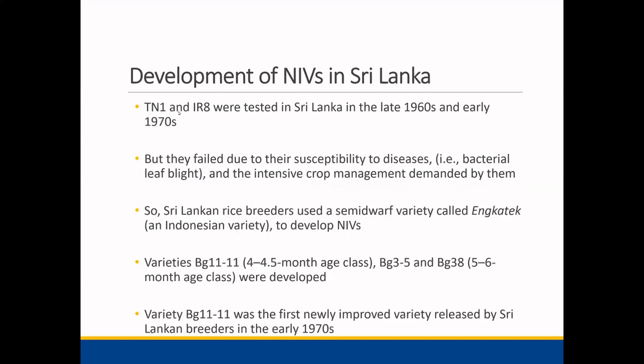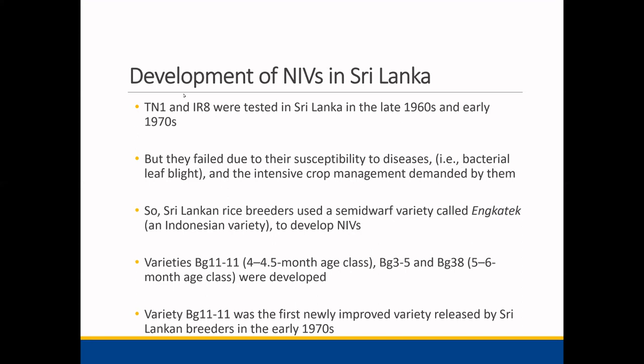So TN1 and IR8 were tested in Sri Lanka in the late 1960s and early 70s. But they failed, due to their susceptibility to diseases, especially we had a problem of bacterial leaf blight.